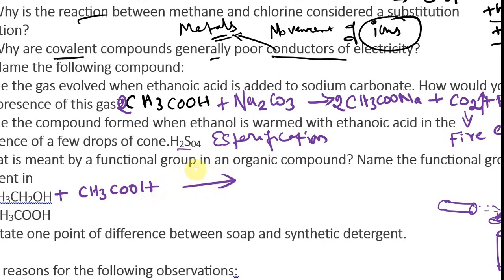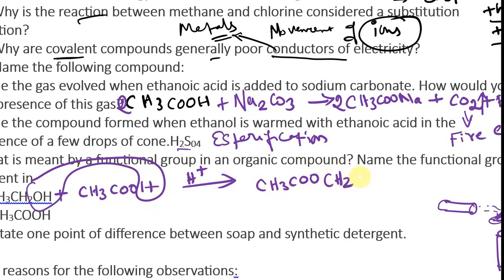The acid serves as a catalyst here. What happens here? As usual, a water molecule gets eliminated. That gives rise to CH3COO, this part, and here CH2CH3.